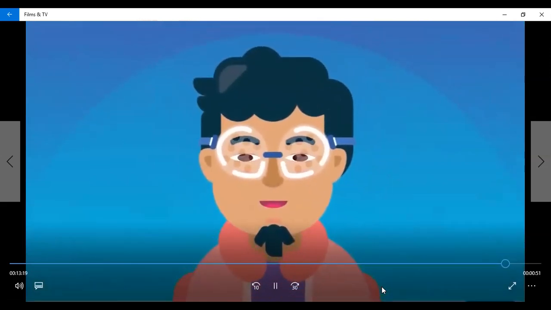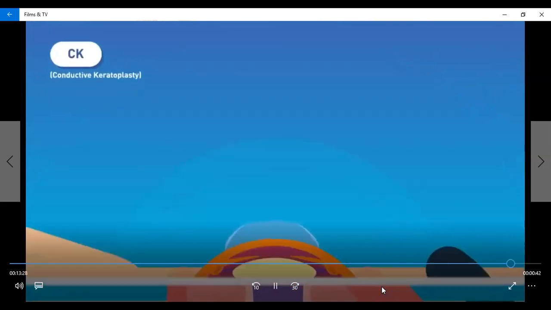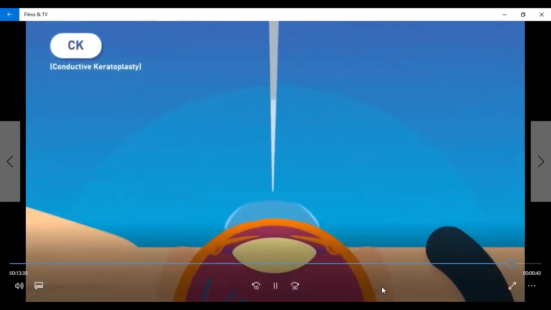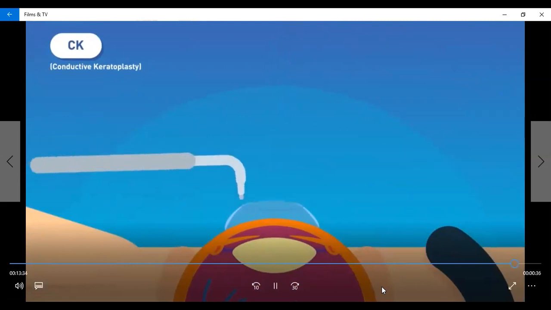Advantages over other procedures: absence of post-operative pain, more rapid visual rehabilitation. Conductive keratoplasty. It involves applying radiofrequency energy to corneal stroma, causing change in its shape. Can correct low to moderate hyperopia.